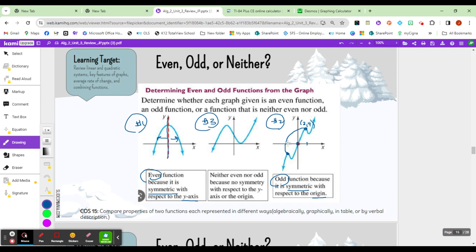If that point were 2, 4, then this point would be negative 2, negative 4. There is symmetry. This side of the graph looks like this side, but it's not symmetric about the y-axis. It's actually symmetric about the origin. You could also kind of think of taking this point, lifting it up, and reflecting it over the origin, and it would put you at this point. So they're the same distance from the origin there.